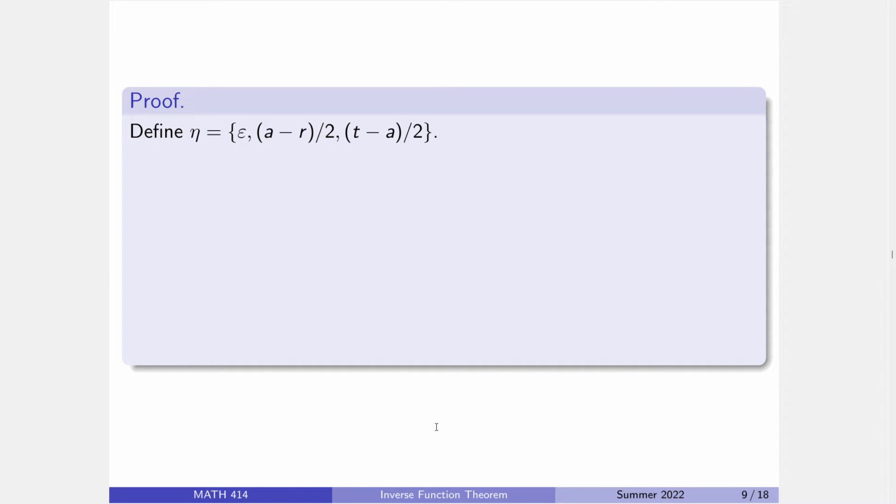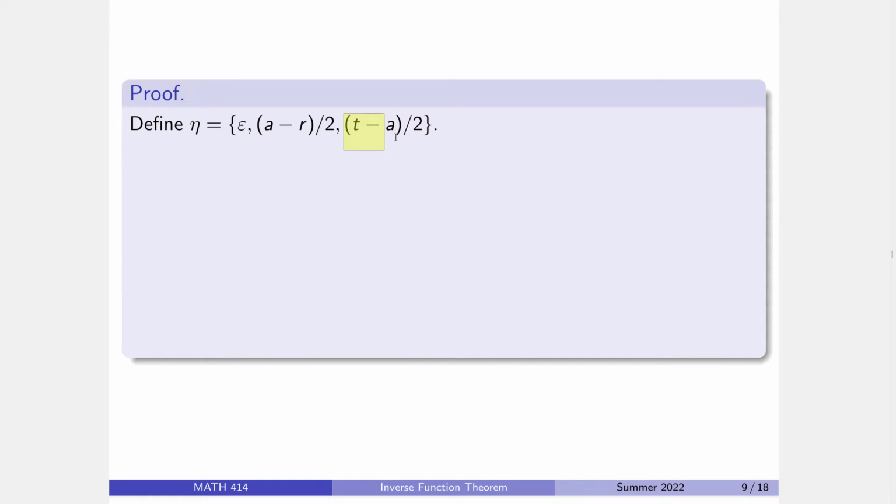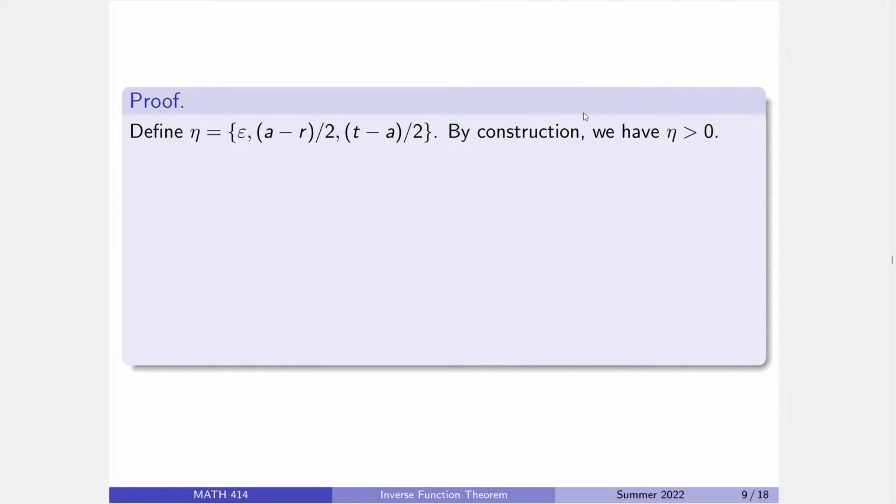So I'm going to define eta to be the minimum of epsilon, and then (a minus r) over 2 and (t minus a) over 2. Again, r is to the left of a and t is to the right of a, so this is positive, so is that. Note, eta is positive here.